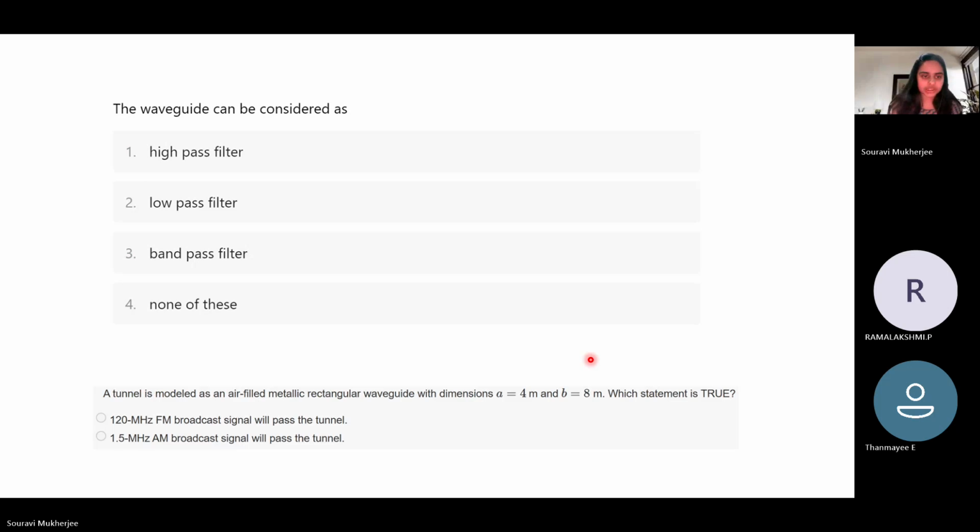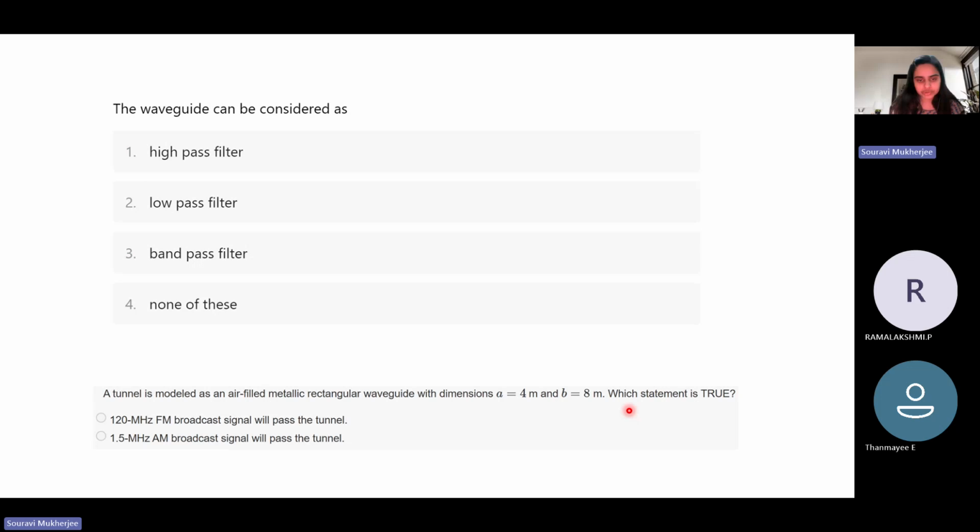Okay, very good. Now, there can also be questions like this, where a tunnel is modeled as an air-filled metallic rectangular waveguide, and the dimensions A and B are given. Which statement is true?